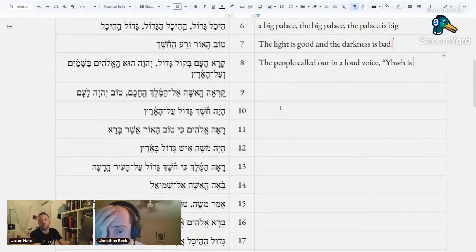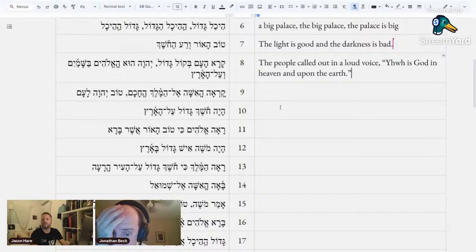Adonai Yihyeh Elohim. He will be. But hu is used for the copula in the present. So Adonai Hu HaElohim. He is God in the sky, in heaven, or the heavens, and upon the earth. Al Haaretz.